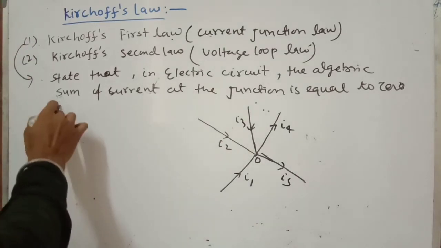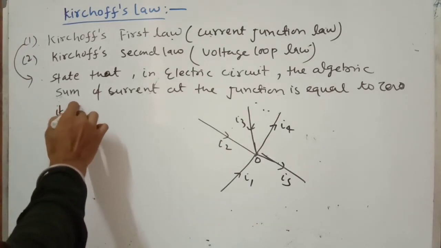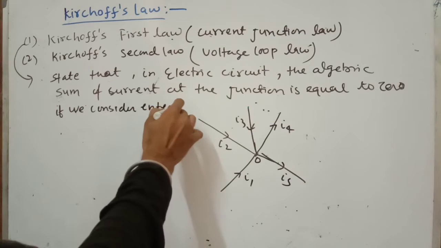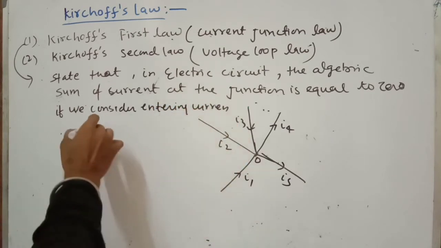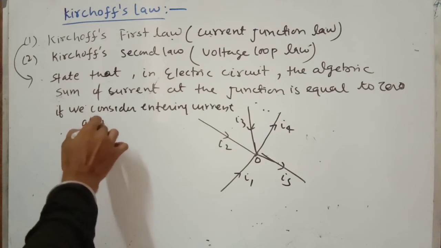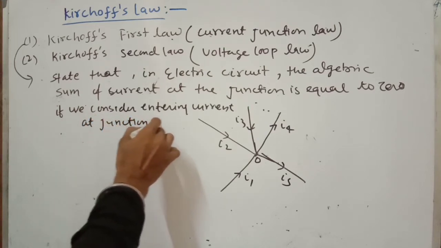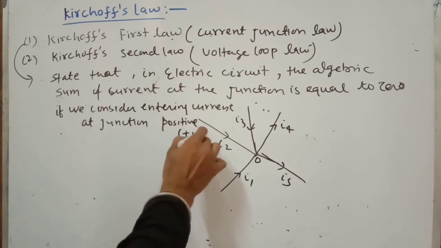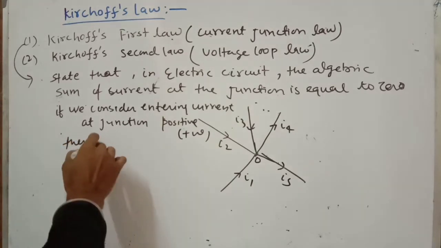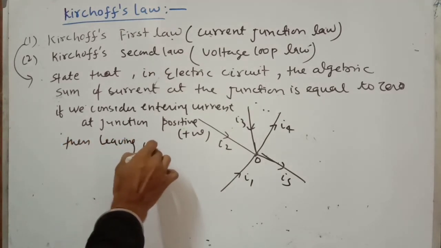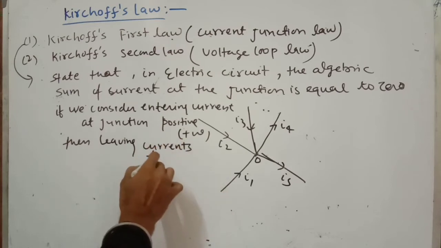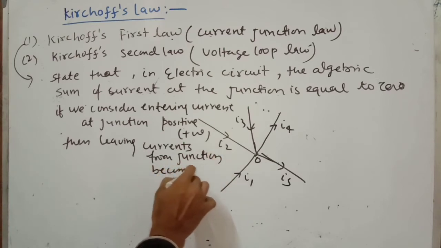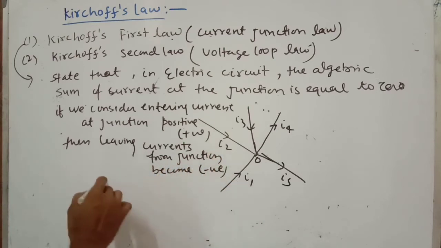Now if you consider the entering current at the junction positive, then the leaving current from the junction becomes negative, and vice versa.